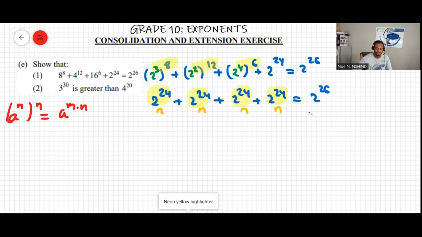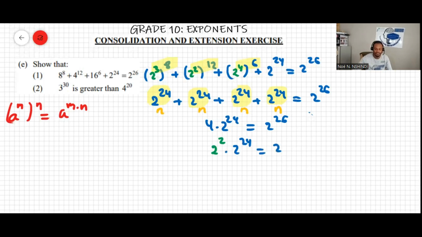Instead of saying 4n, I'm just going to say 4 times 2 to the 24 equals 2 to the 26. Then 4 is also 2 squared, and multiplied by 2 to the 24 equals 2 to the 26.